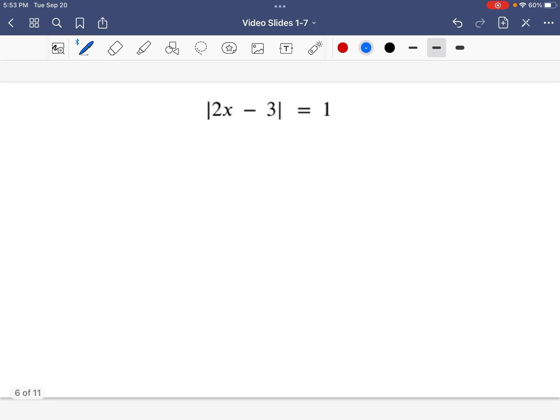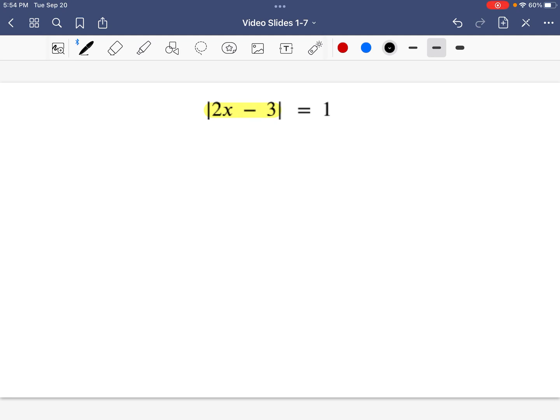Let's work out one more, and then I'll give you a minute to try it on your own. Again, I have more than one term inside the absolute value. So I'm going to set up two totally separate equations.